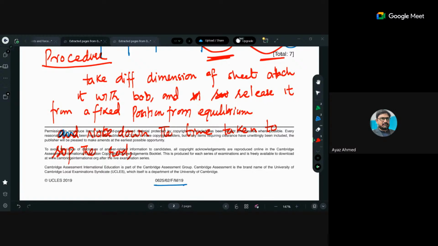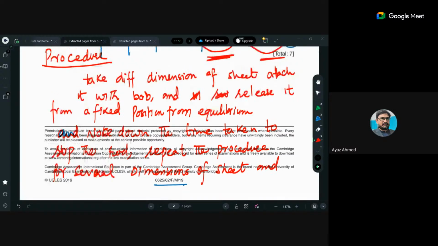Okay, repeat the procedure for several dimensions of sheet, and place in the table.